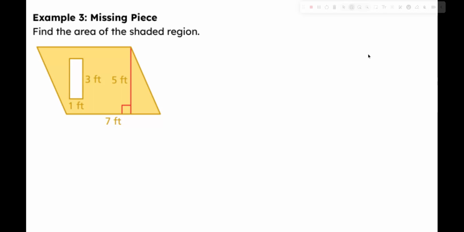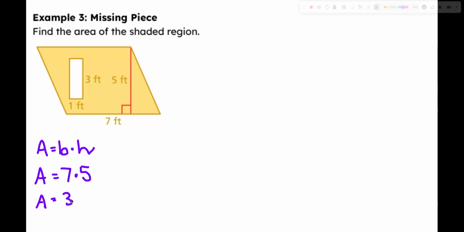Then sometimes you're going to be given an area with a missing piece. So we're finding the area of the shaded region. This part is not shaded. So what we are going to do is find the area of the whole thing and then subtract the area of this. Again, area is base times height. For the main shaded region, the area is 7 times 5, so the area is 35 feet squared.